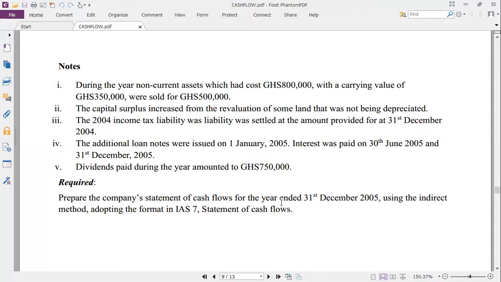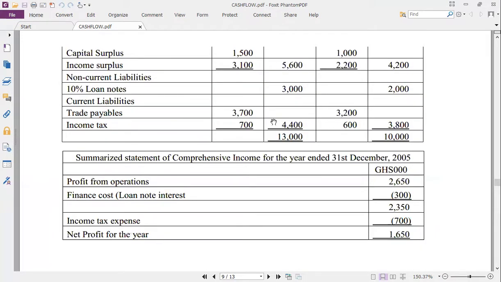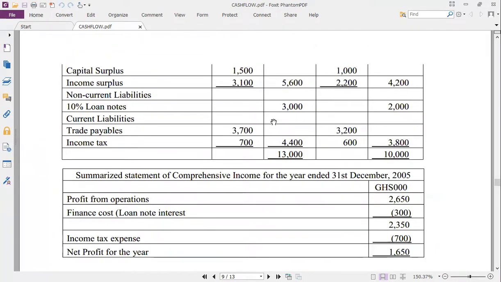Note 4. Additional loan notes were issued on January 1st, 2005. Interest paid on 30th June 2005 and 31st December 2005. So the interest was paid twice in a year. So we will check first whether there's interest payable among the current liabilities.